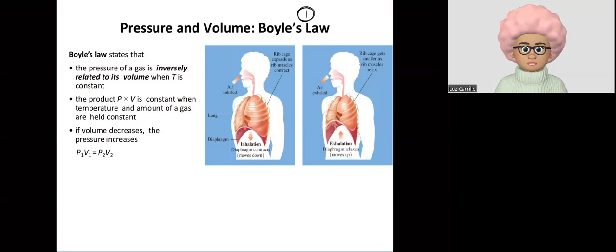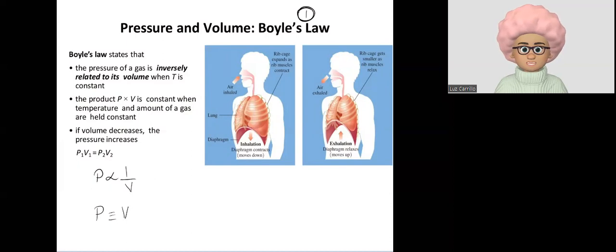Now, Boyle's law states that the pressure of a gas is inversely related to its volume because the other two properties are held constant. So what this means is that we can actually write it as pressure is proportional, so that symbol is proportional, to 1 over V. So when we look at the relationship between pressure and volume, the three lines do not mean equal, they mean related to.